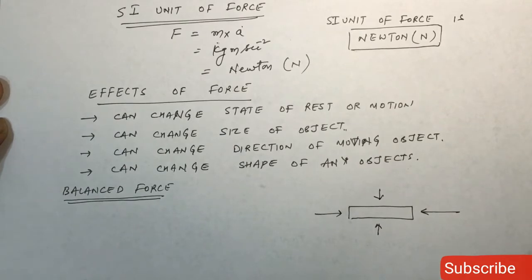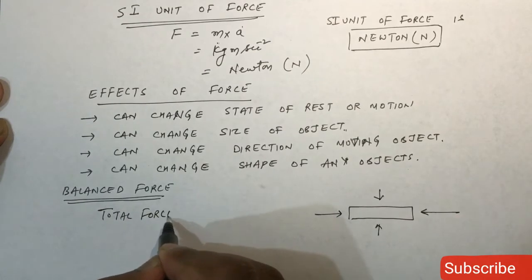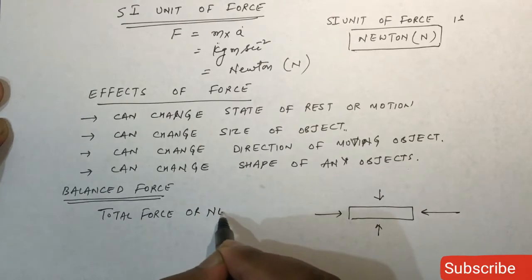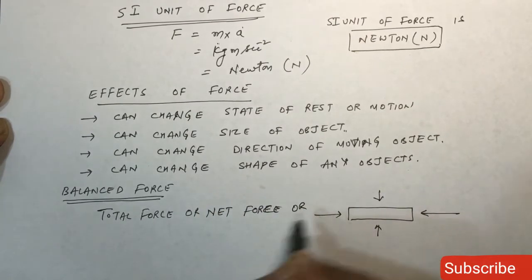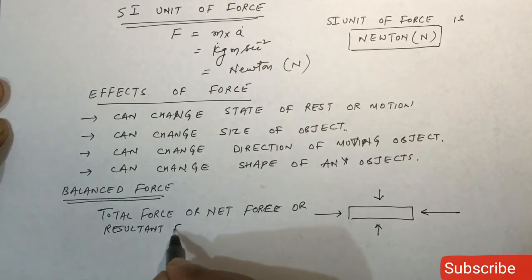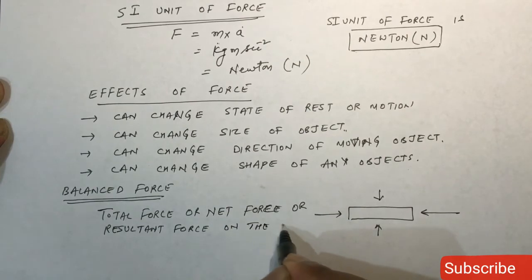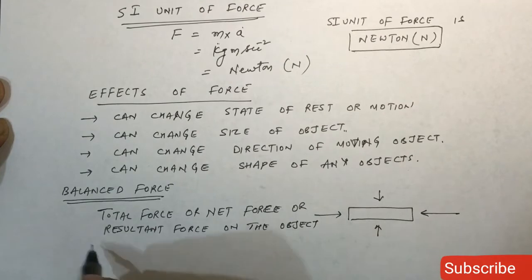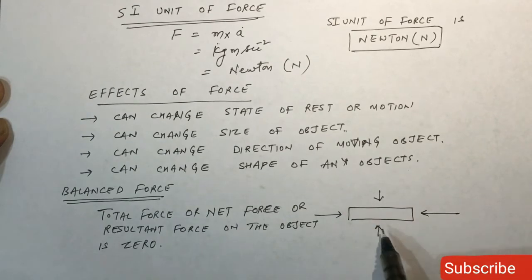Now if the net force, or total force, or resultant force on the object is 0, then we can say the forces are balanced.